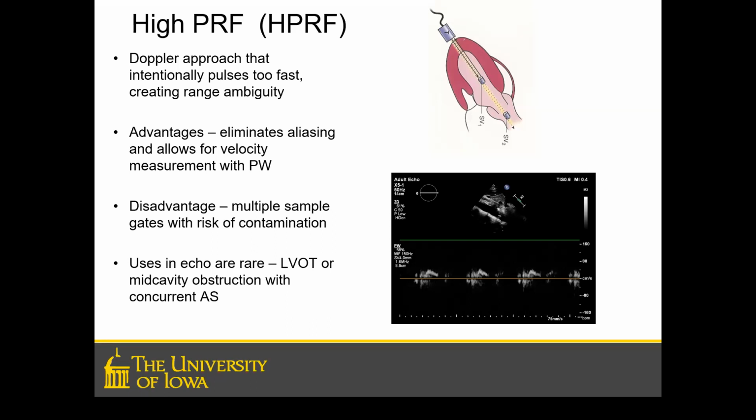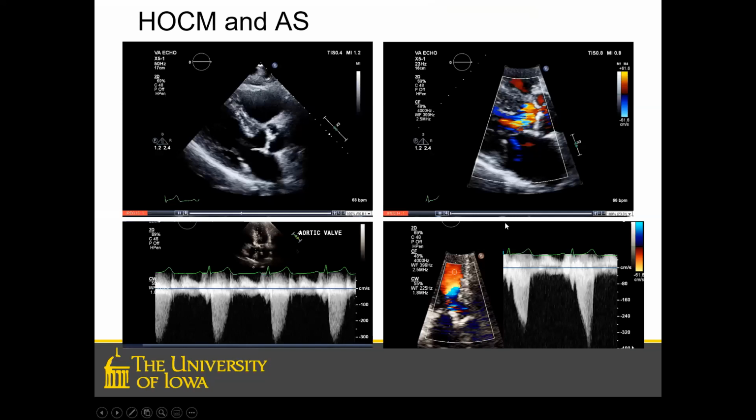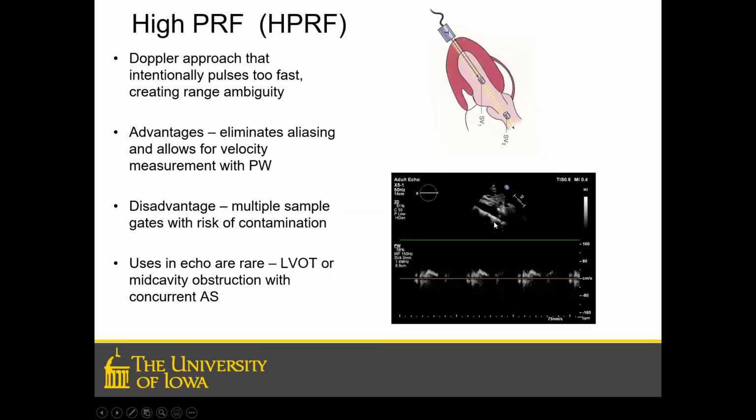So if you notice when we go into high PRF on this example, this one is hard to see. It didn't display quite like I'd like, but there's actually 2 sample gates, okay? So when you go into high PRF mode, you get 2 gates displayed.